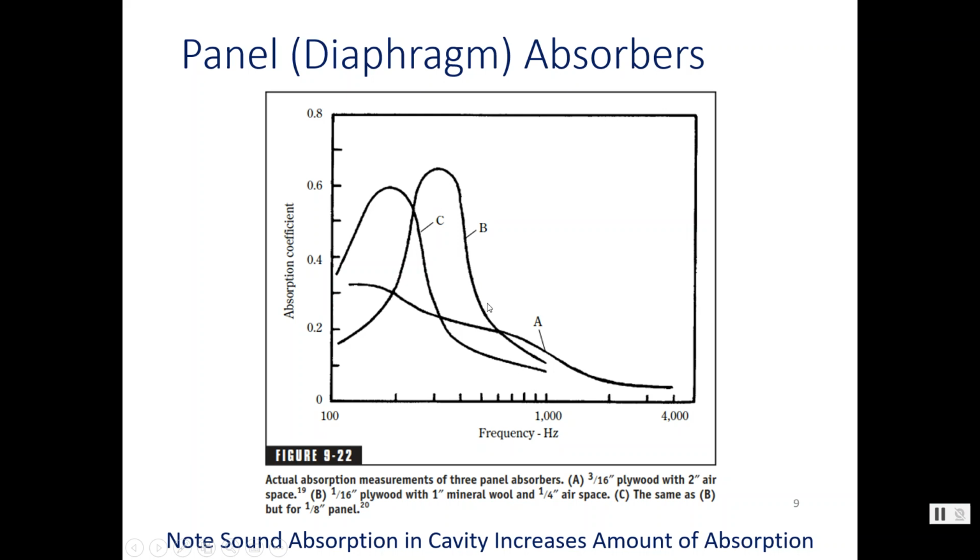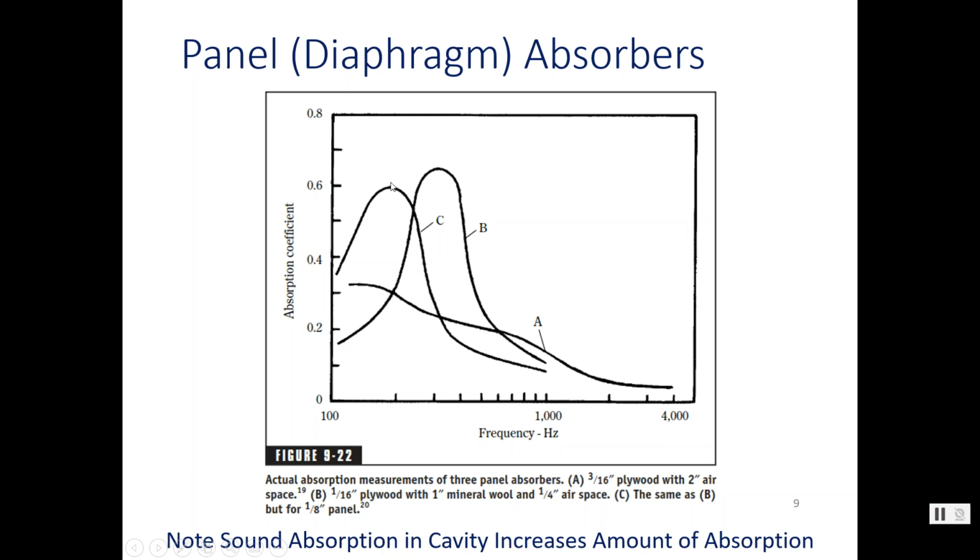A big thing to note here, one, as we go to a thicker panel, the frequency drops down if everything else is the same. And then also note the big difference in the amount of absorption that's provided when you have sound absorption in the cavity.